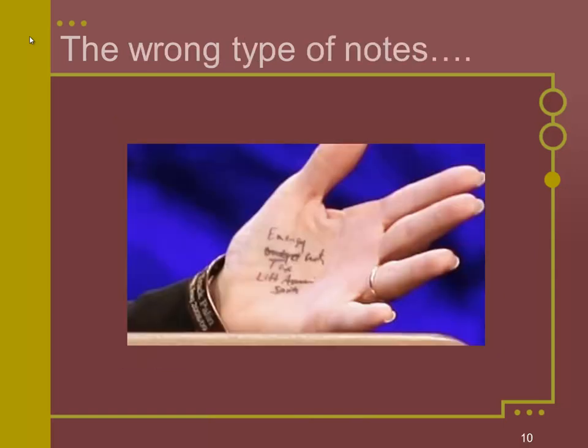Now, this is probably the wrong way to do a speaking note, and that is writing on your hands. I remember there are some people out there who do this and they have no problems with it, but I think it's great unless you for some reason get sweaty palms because of nerves, or you wring your hands together. Then what have you done?